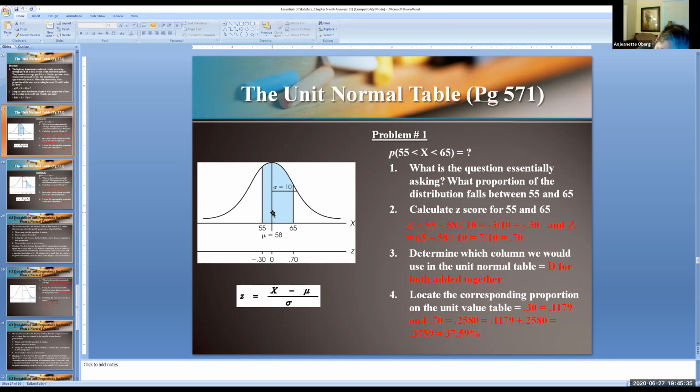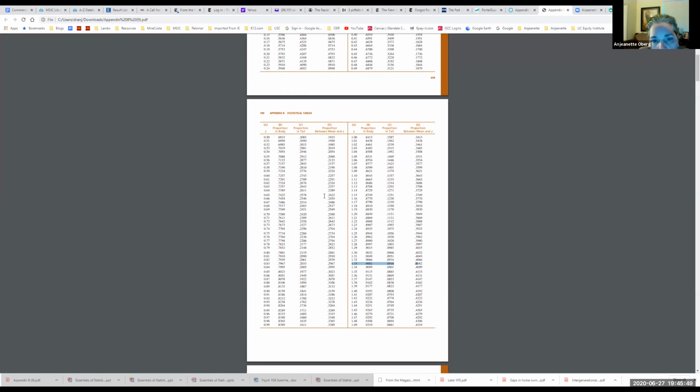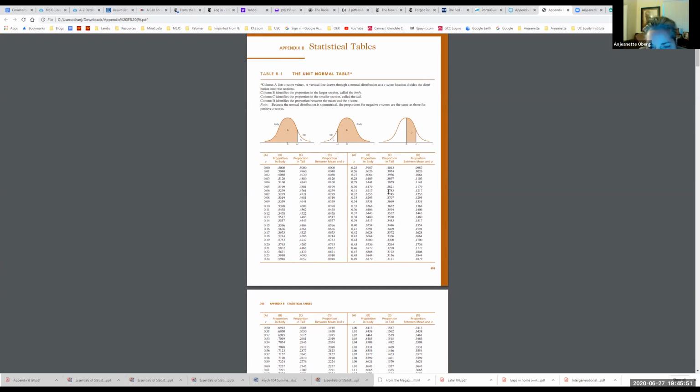And so we do that. We look up the negative 30, which is still 30, right? And then 70. And we're going to go ahead and look those up. So for 30, we're looking at this column right here, 11.79.